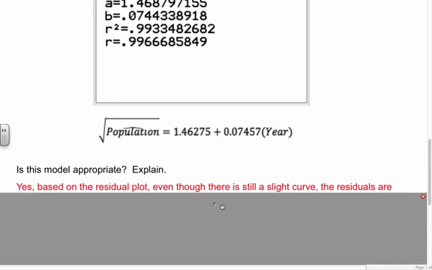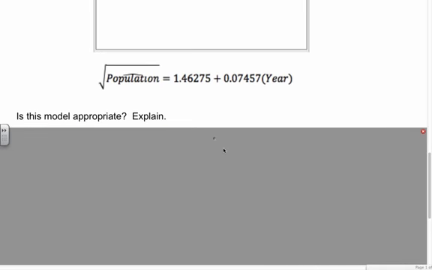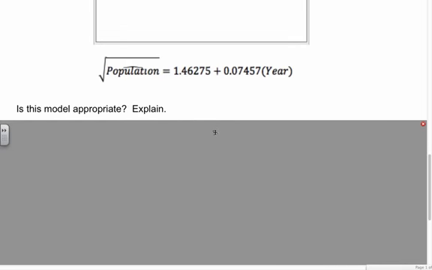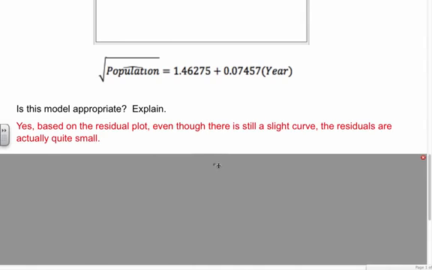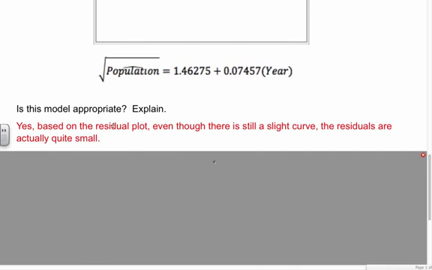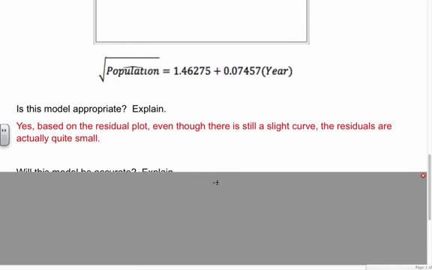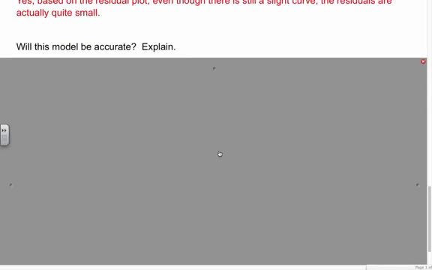So now, is this model appropriate? How do I check appropriateness? Well, remember, appropriateness comes from the residual plot. So yes, based on the residual plot, even though there's still a slight curve, the residuals are actually quite small. So it's okay to proceed. Now, will the model be accurate though? How do we get accuracy?